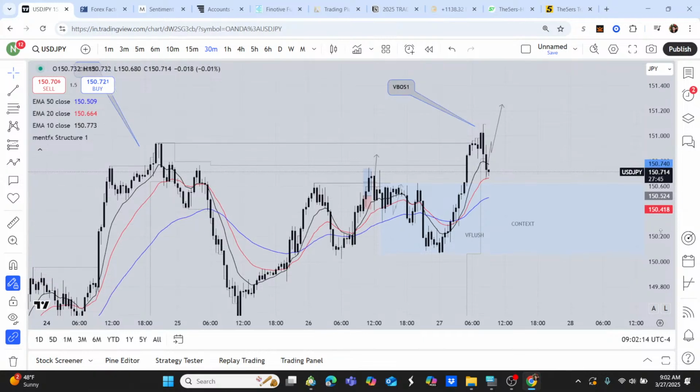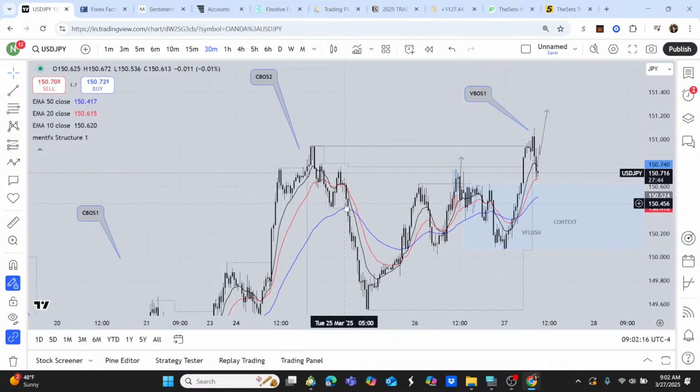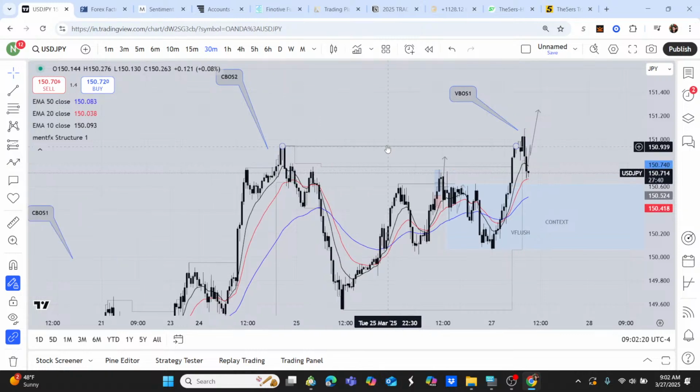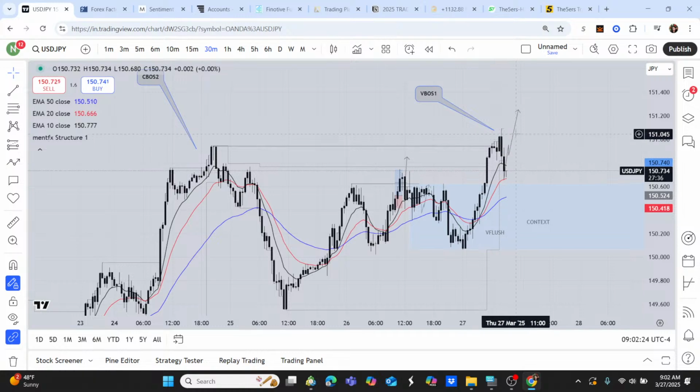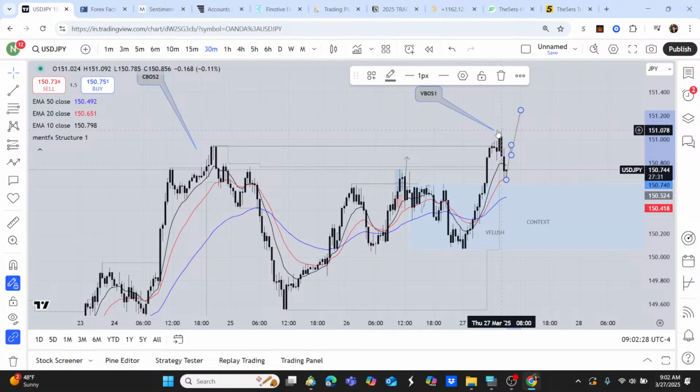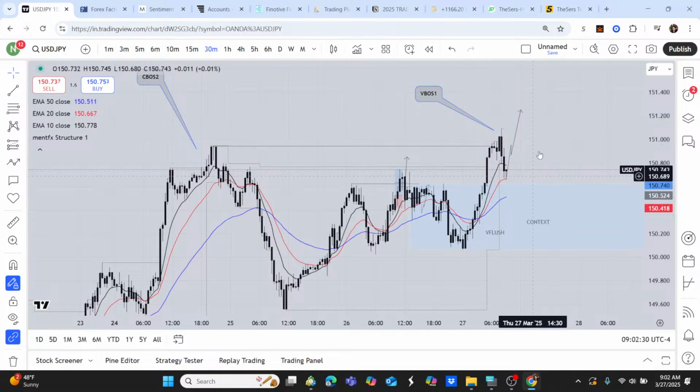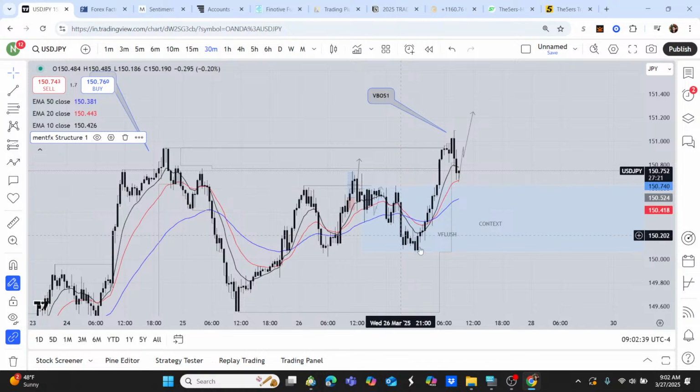A lot of people focus on making sure their analysis is correct all the time. Yes, analysis plays a part in your trading, but you don't have to be correct to actually make money. And you don't have to be wrong about the analysis to lose money. Like this, I was wrong about the direction, but I didn't lose money. And all I have to do is just wait.